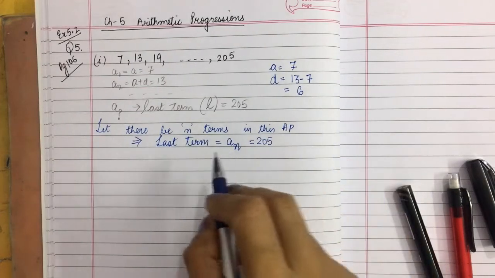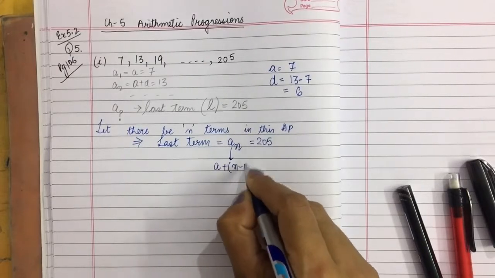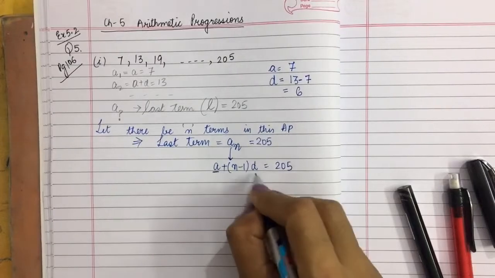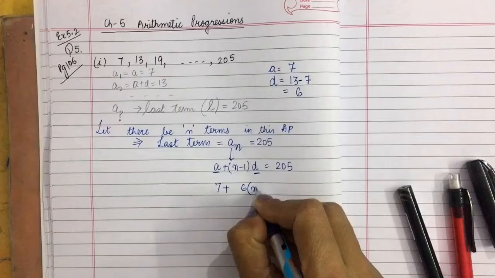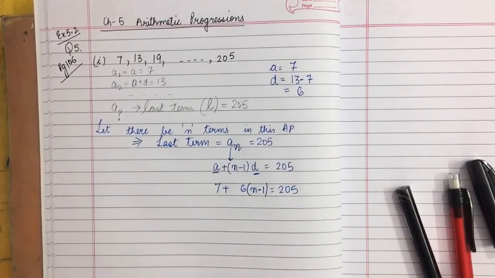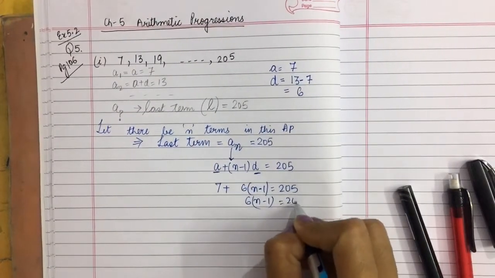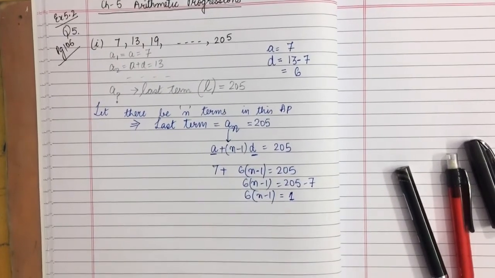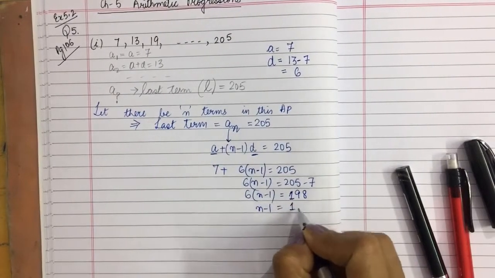Now let us use these values over here. The formula to find out the nth term is a plus (n minus 1) times d equals 205. Using the values of a and d as obtained, this is what we get, and the purpose is to find out n, the number of terms. So 6(n minus 1) equals, so just simplifying and trying to obtain the value of n.